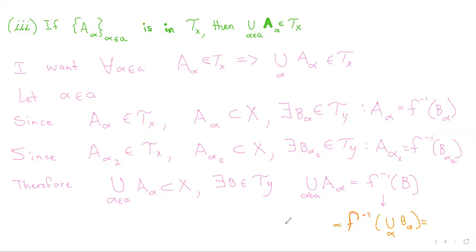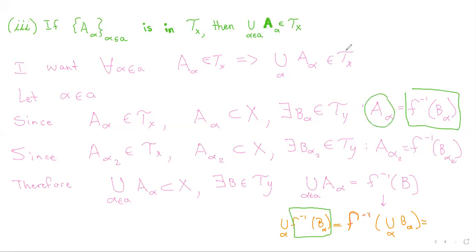I'll move in this direction. The union alpha F inverse of B alpha, and that is equivalent right here. The inverse is equivalent to A.